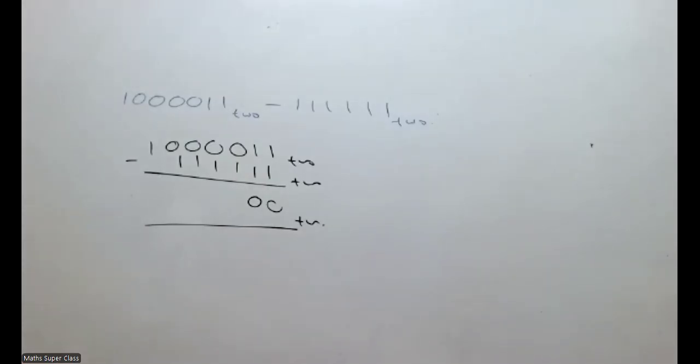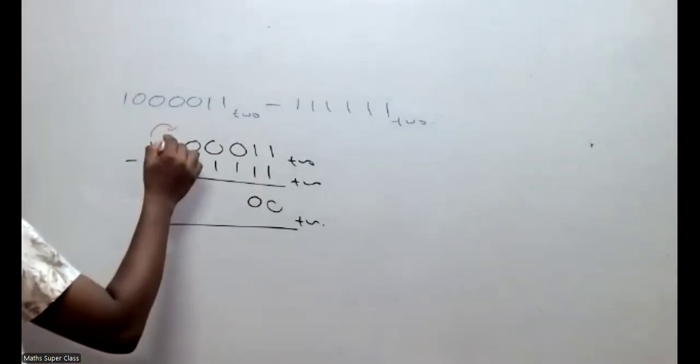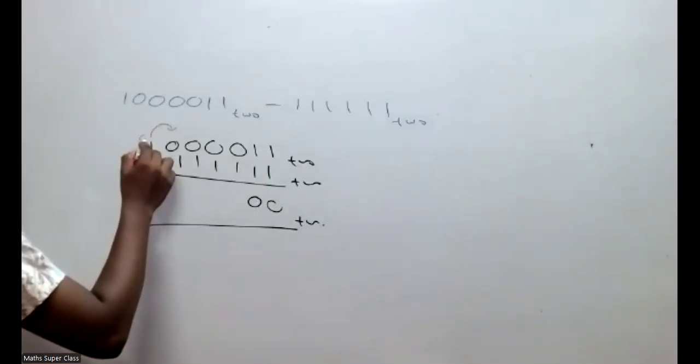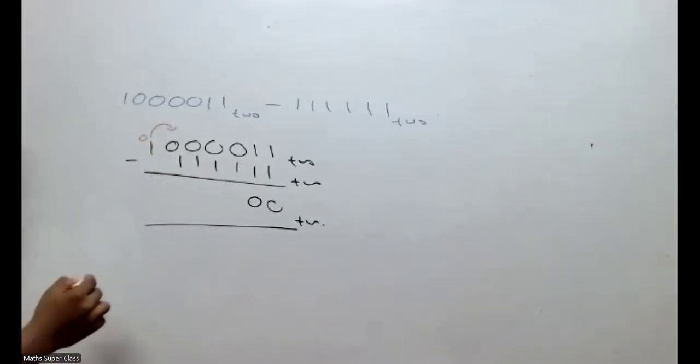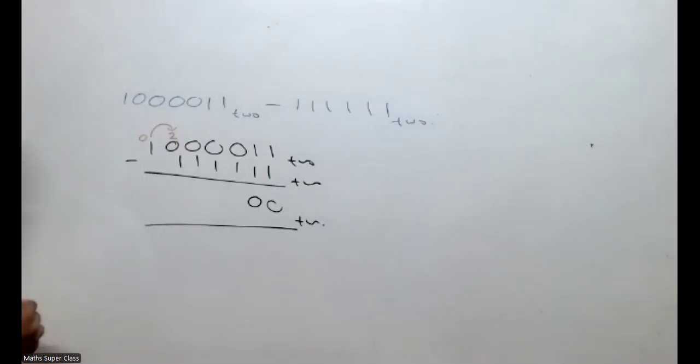So we have to take the values from this left side. Now what to do? I'm taking this one to this right side, only this one. So now this is 0. This is 0. But this one, when it comes to here, it becomes 2.